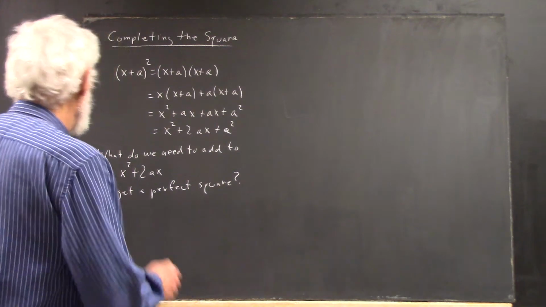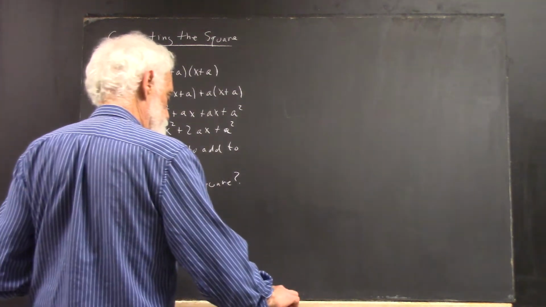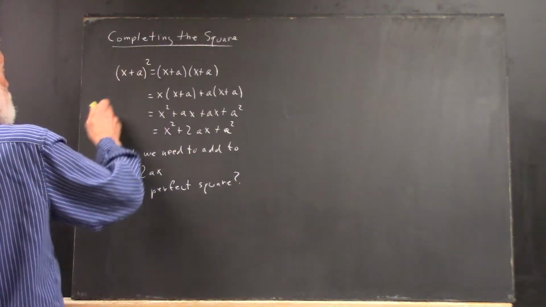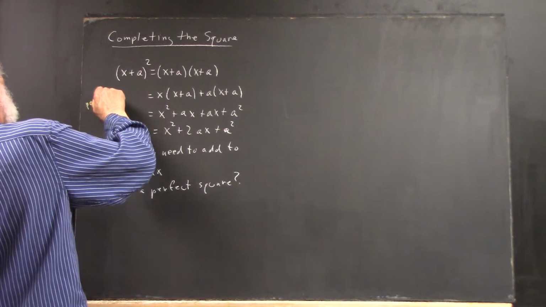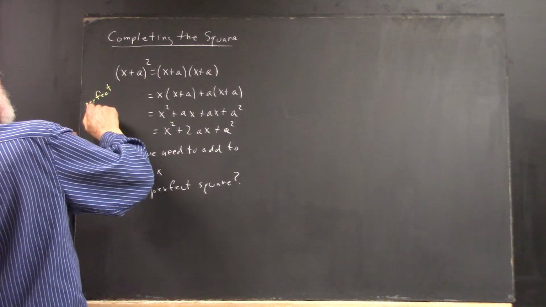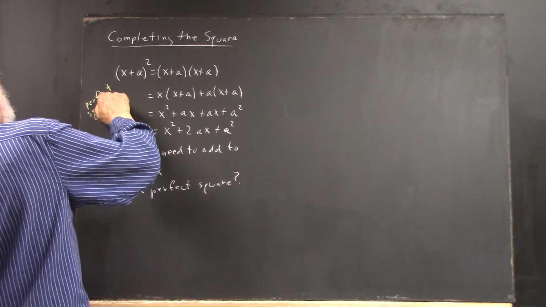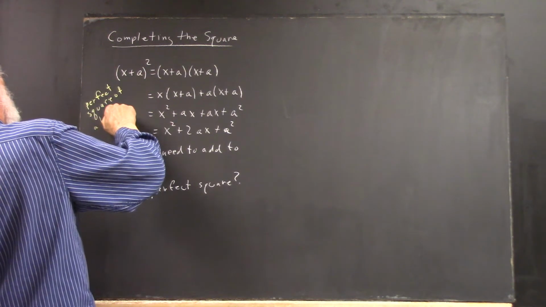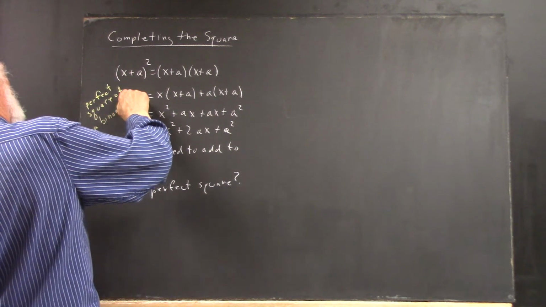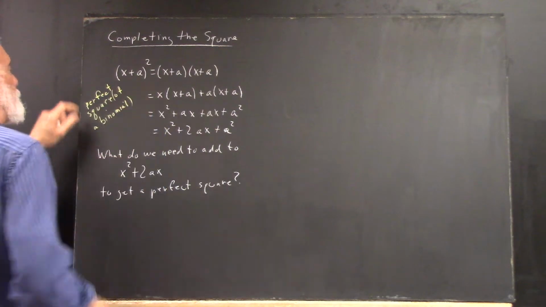I want to ask a question now. I'm going to observe that x plus a squared is what we call a perfect square. It's actually the perfect square of a binomial.